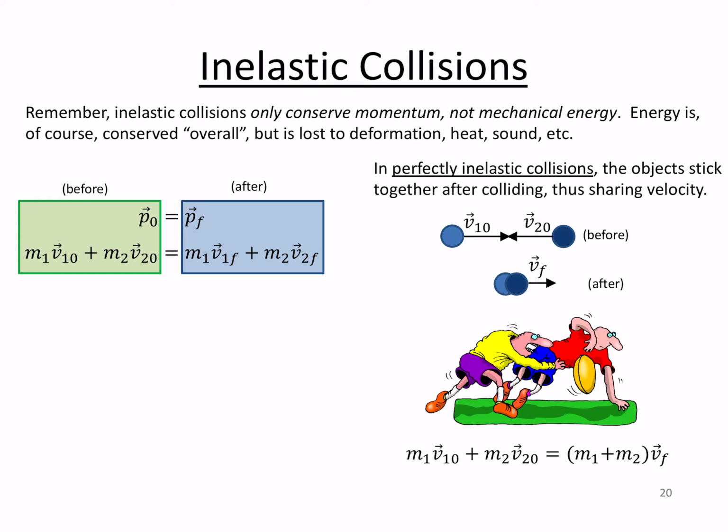Another kind of perfectly inelastic collision is one exemplified by what's called a ballistic pendulum. So if you have a pendulum, a fixed point here and maybe a string or cable, and from the end of that, maybe a heavy block of wood, and you fire a projectile into it.